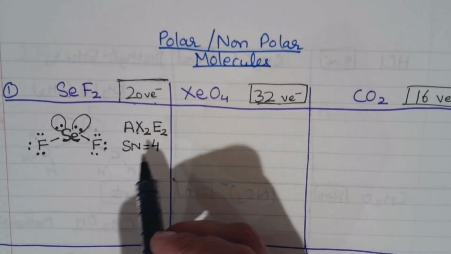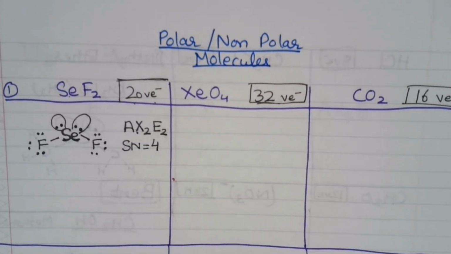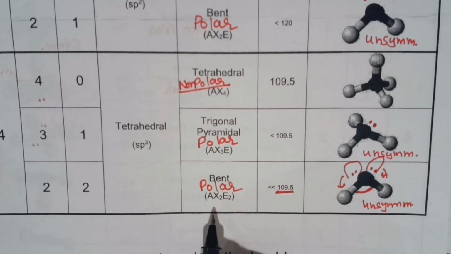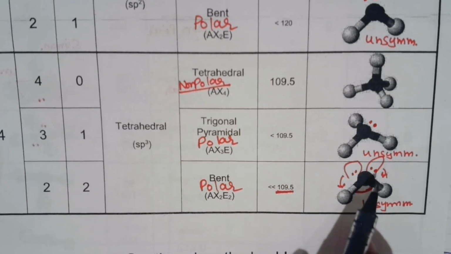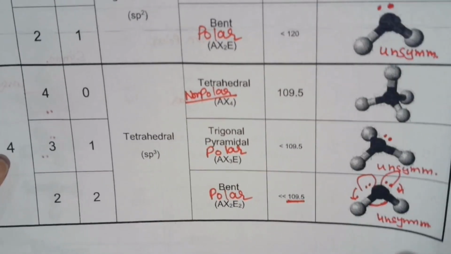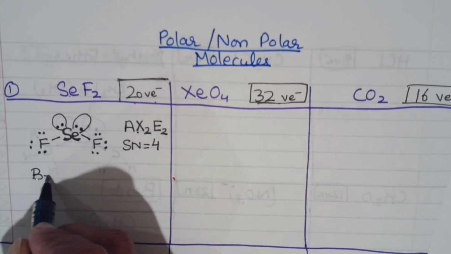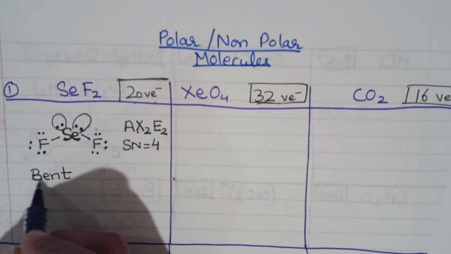So the ideal shape would be tetrahedral. But since the two bond pairs are replaced by two lone pairs, right? Now in steric number 4, AX2E2 is bent, right? So the molecular geometry of this molecule or the shape of this molecule is bent.